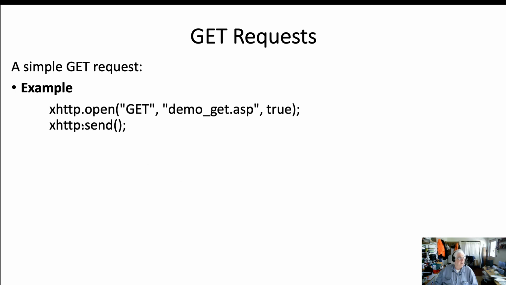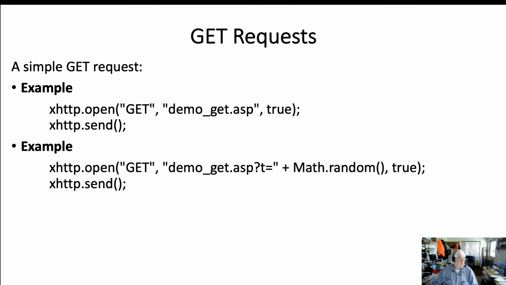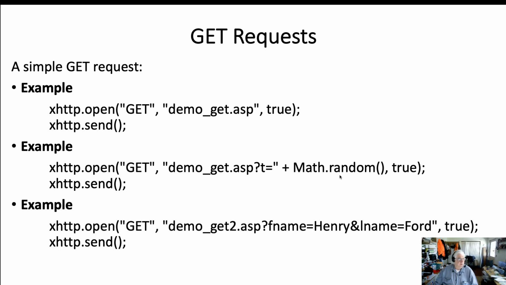An example is XHTTP.open get where the server is, and then a true or false, and then XHTTP.send. Another example is the same, but notice that they're now filling in things on the URL so that we're sending data in the open. And you can concatenate with the ampersand sign, as you see there.